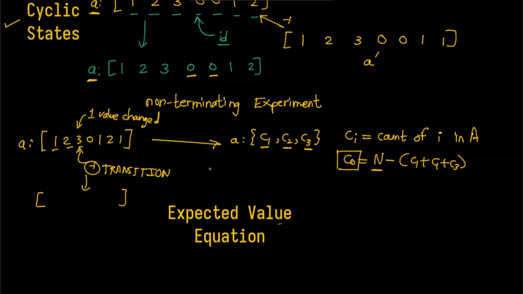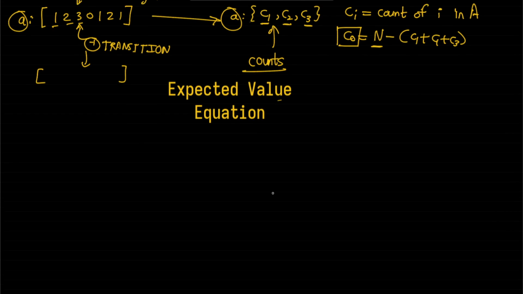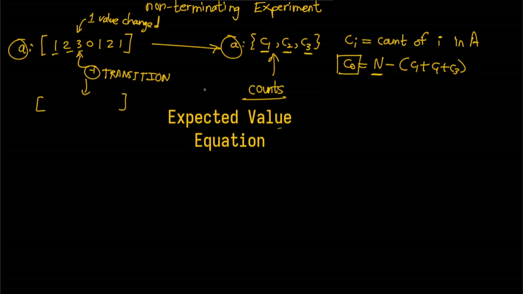Hence the main idea was not to store the state but store it as counts of values in the array. And let me also explain the transitions.